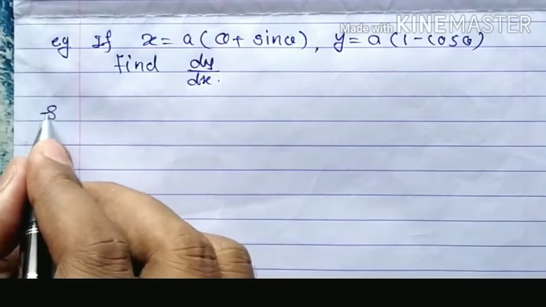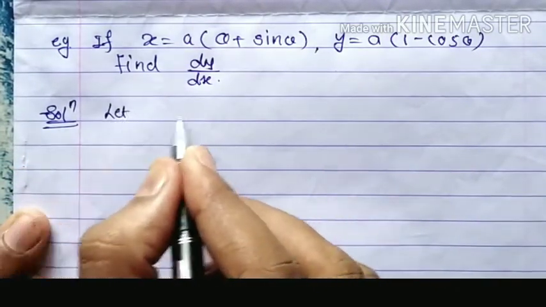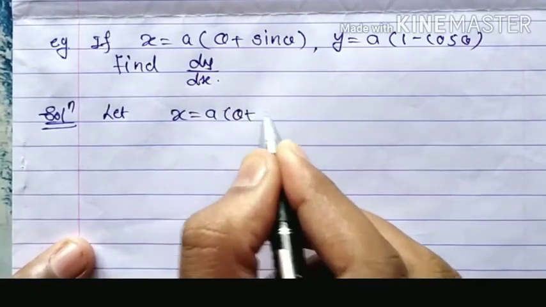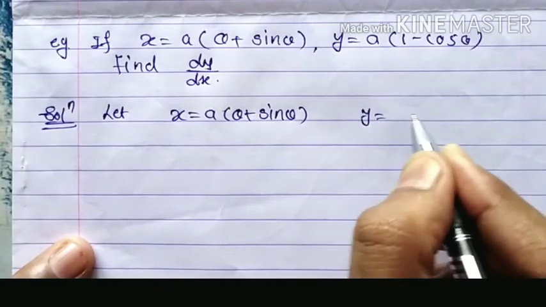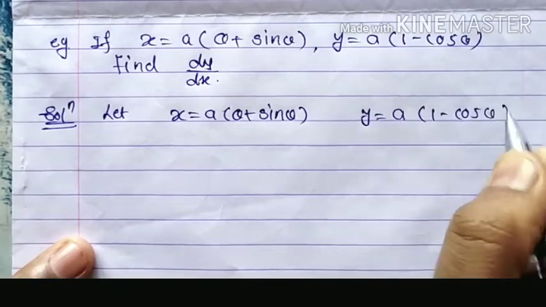As in the earlier formula, we consider first x and y. So let me have x equal to a into theta plus sine of theta and y equal to a into 1 minus cos of theta.